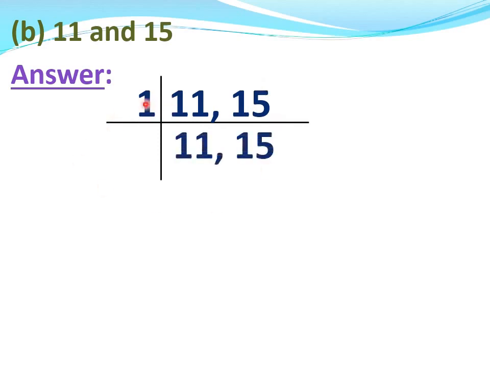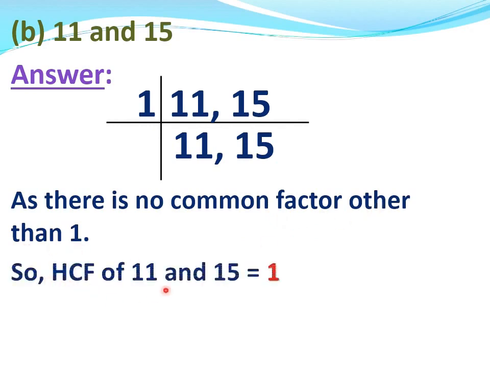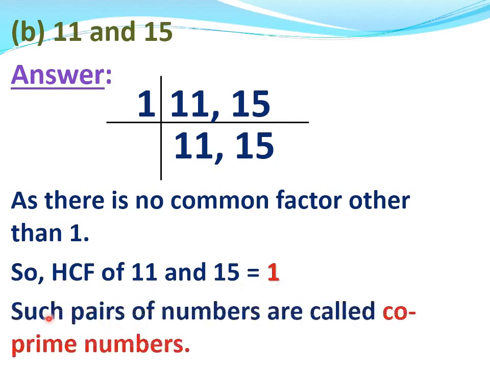Write here 1. See, 1 multiply 11 equal 11. 1 multiply 15 equal 15. As there is no common factor other than 1, so HCF of 11 and 15 equal 1. Such pairs of numbers are called co-prime numbers.